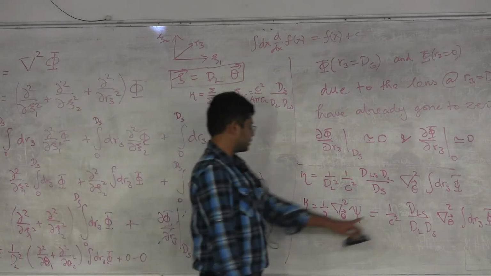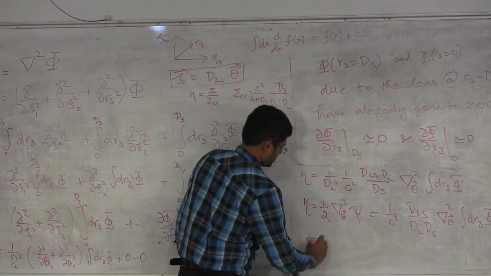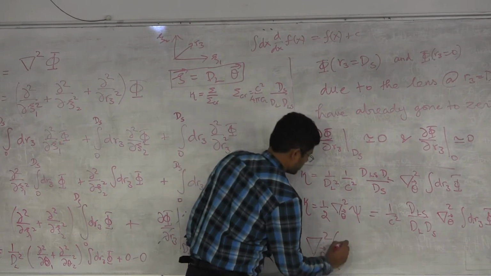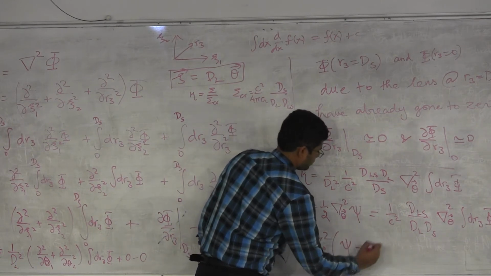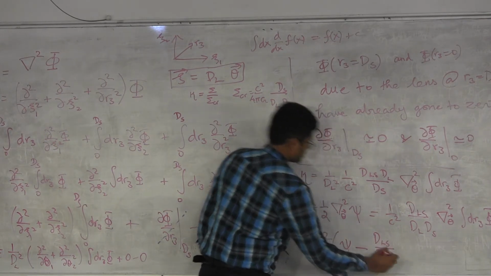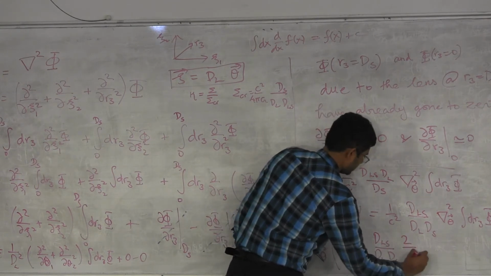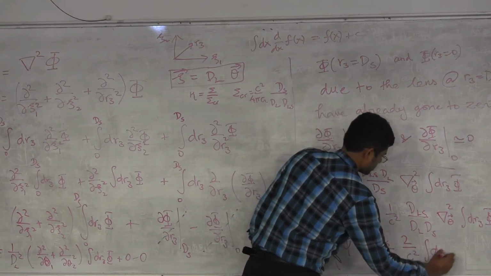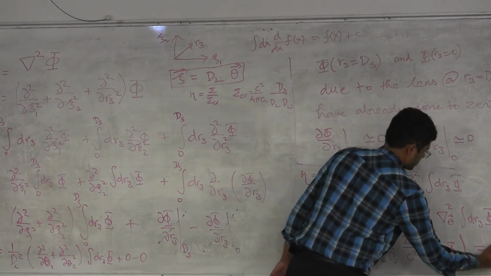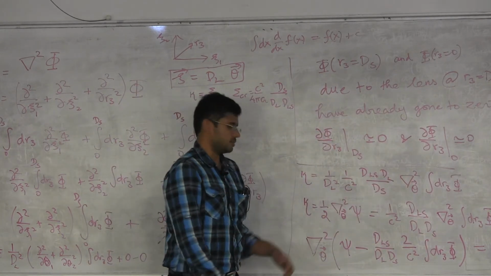Or I can take this 2 to the other side and subtract, and I can write the Laplacian in theta times psi minus 2 by c squared D_ls D_l D_s. So I have just taken this 2 to the other side and then subtracted.